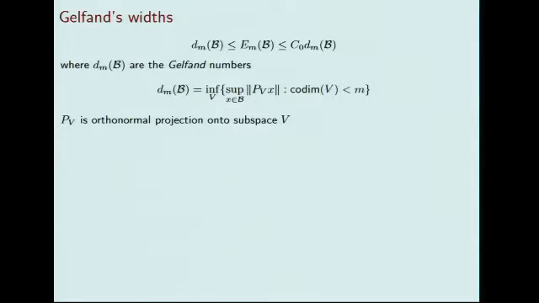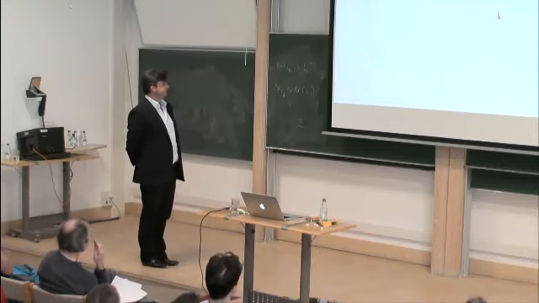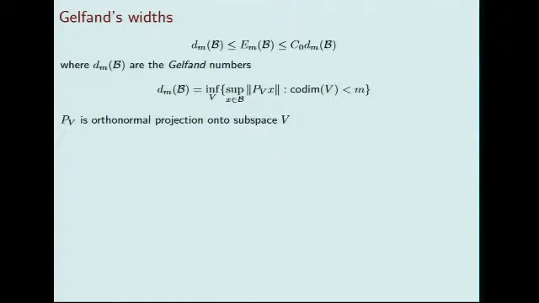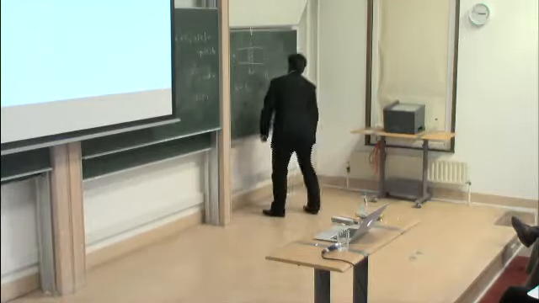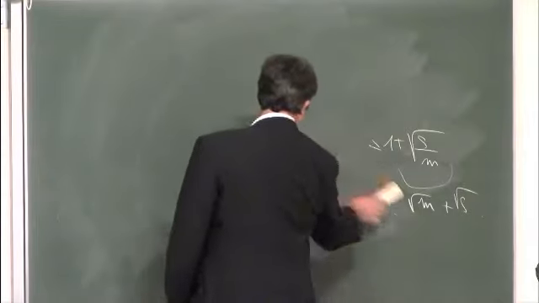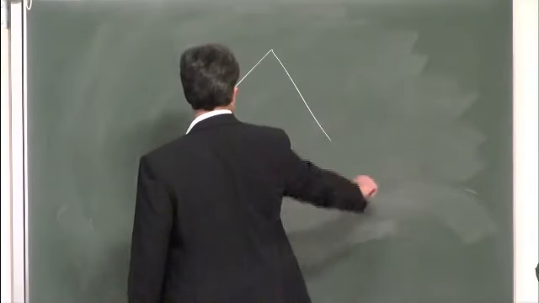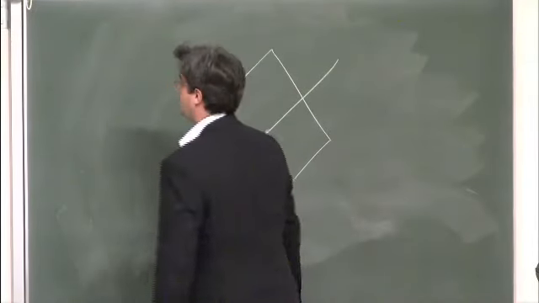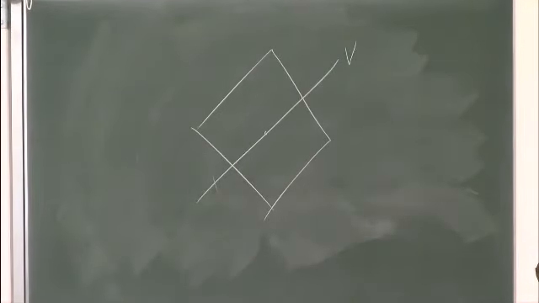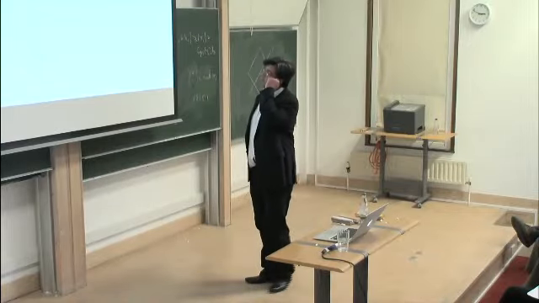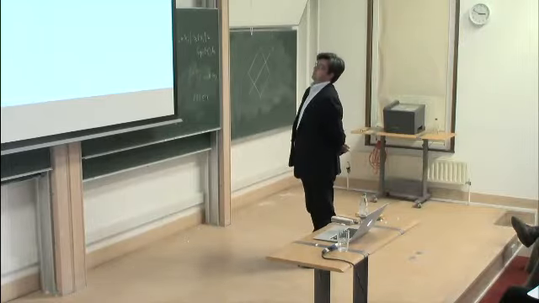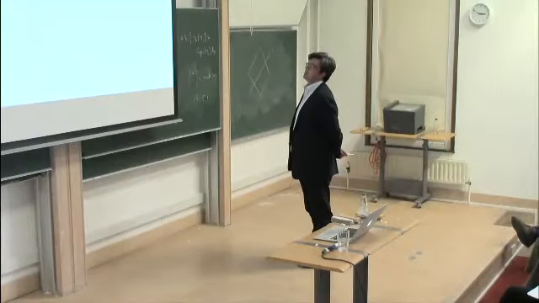So it is known that how well you can do, which is this approximation error E_m, is essentially equivalent to what is known as the Gelfand numbers of a set B. The Gelfand numbers of a set B are essentially, you're looking at all subspaces of codimension less than m, all linear spaces V. And so you are going to take the supremum over all vectors in your ball on this subspace, and what you're looking for is the space such that the supremum of this projection is minimal.